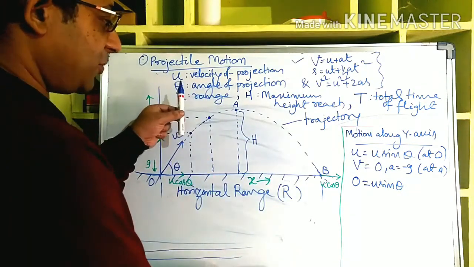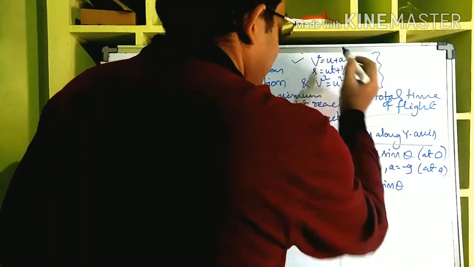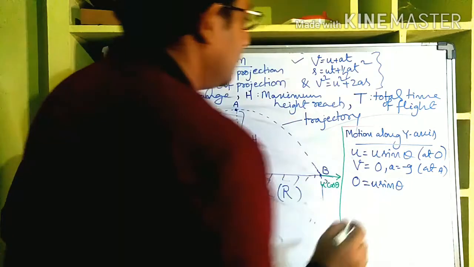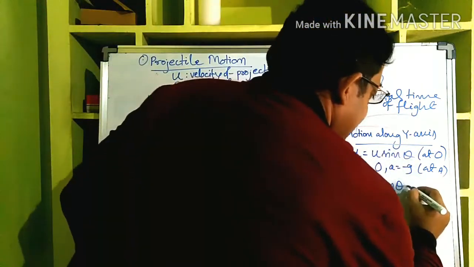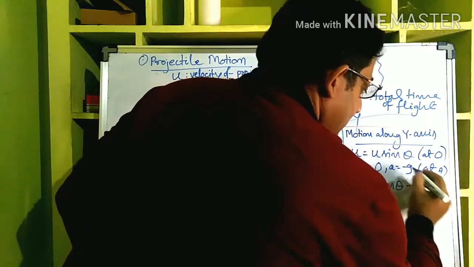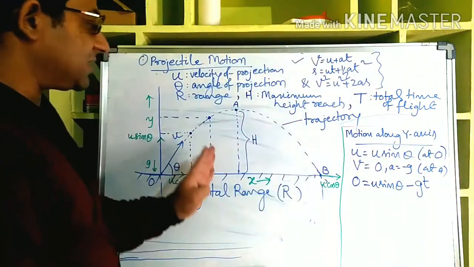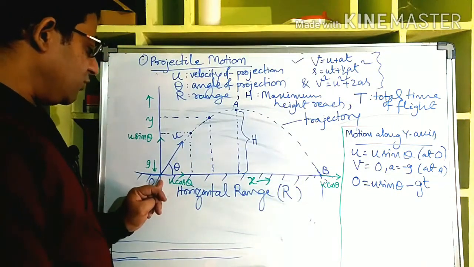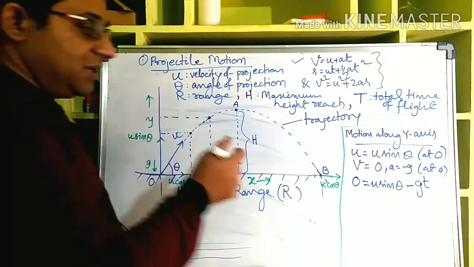That means it's in the opposite direction, so acceleration is equal to minus g. So v, the final velocity 0, is equal to u sin theta minus g t, where small t is the time required to move from O to A, or to rise this much height, how much time it will take.